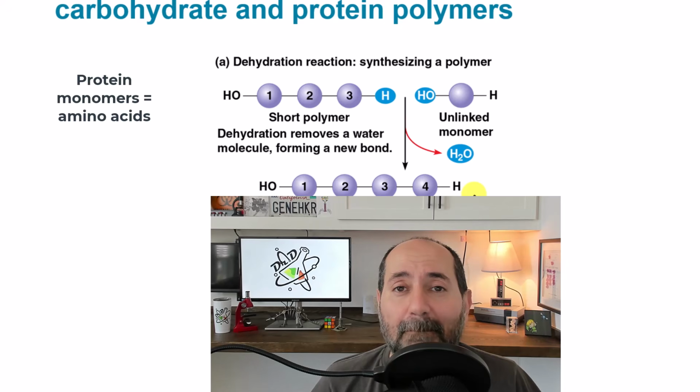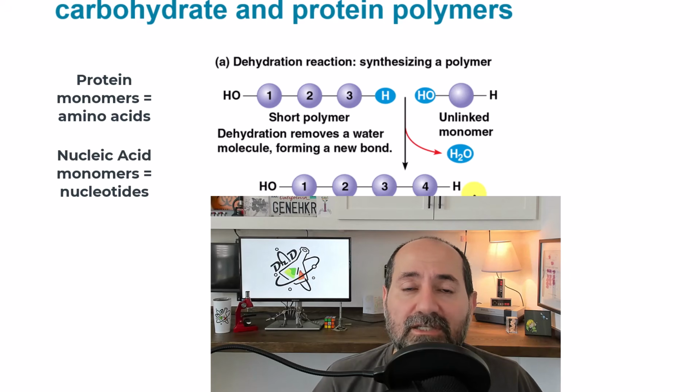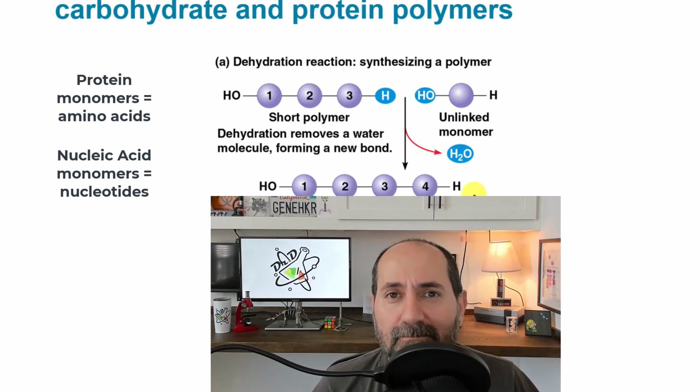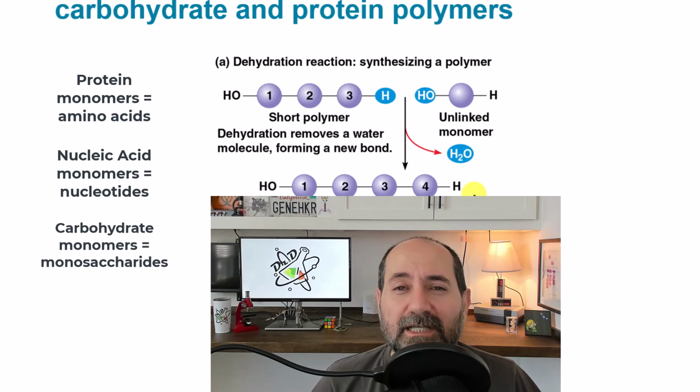You could link amino acids together to make proteins. For nucleic acids, you link nucleotides together to form DNA or RNA. And for carbohydrates, you link monosaccharides together to form polysaccharides. These are all linked together the same way.